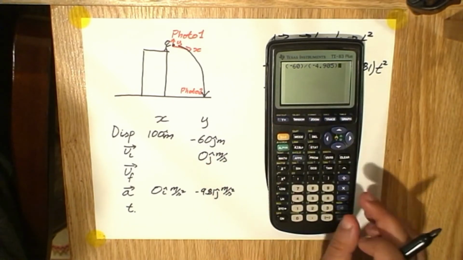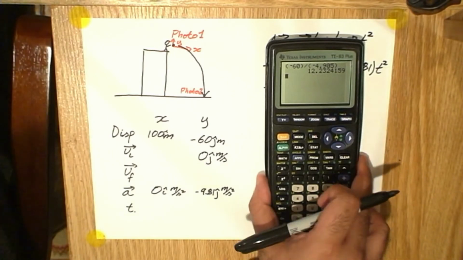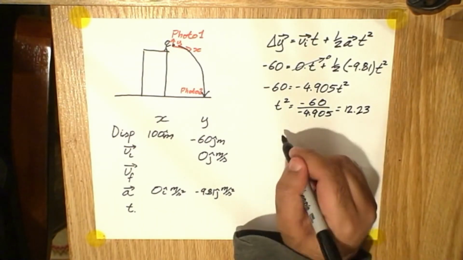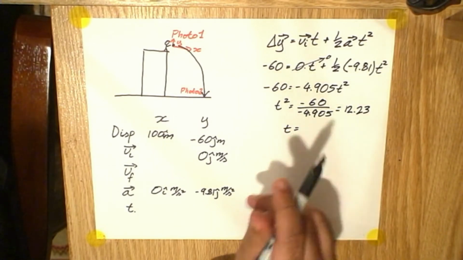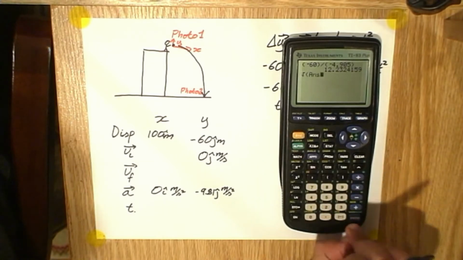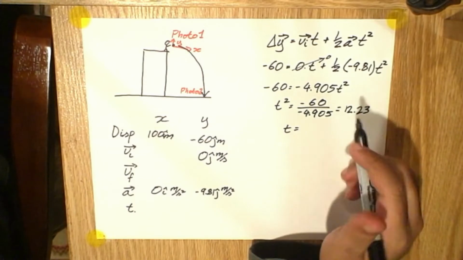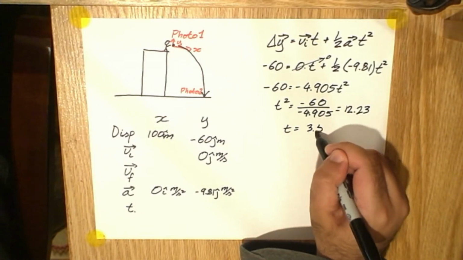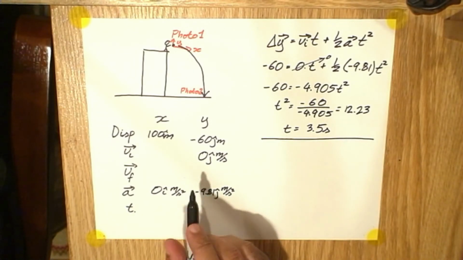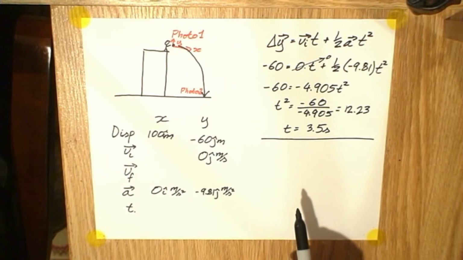Negative 60 divided by negative 4.905 is 12.23. And t, the time, would be the square root of that, which is 3.5 seconds. So that is the time required for the ball to fall to Earth.